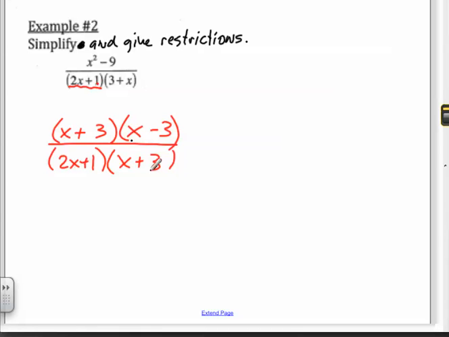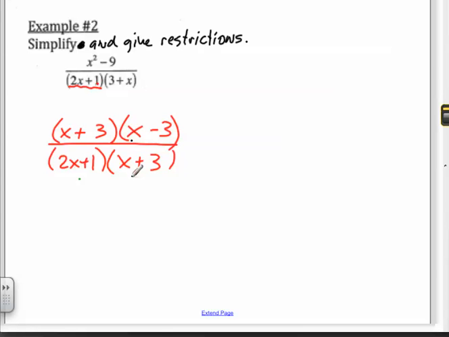Just before I cancel, though, guys, I want to look at the two factors I have on the bottom. If either one of them is 0, then the denominator is 0. Jackson, does that make sense? If x plus 3 equals 0 somehow, then the whole thing would be 0 and it's undefined. Okay? So we can't have that happen.